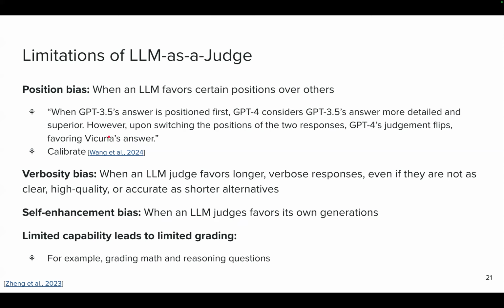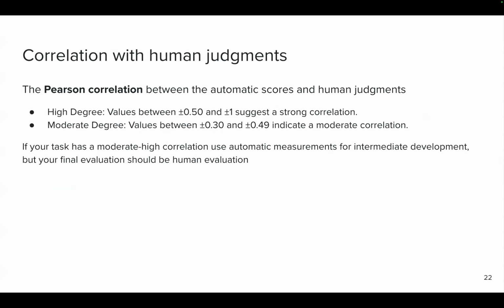So what is absolutely needed is that if you're working on a new task in a new data set and no one else has reported the correlation between human judgments of generation quality in that data set and automatic measurements, then you absolutely must do it.